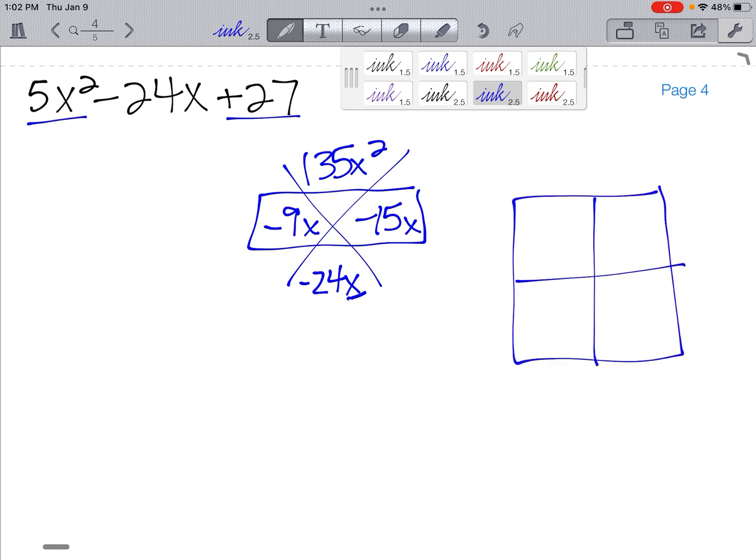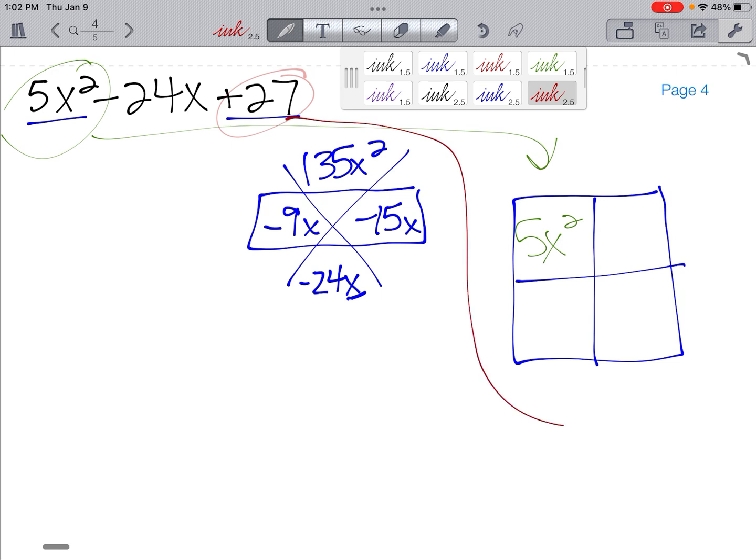First term in our first box. Last term in the last box. And then the two pieces from our x puzzle, negative 9x and negative 15x.